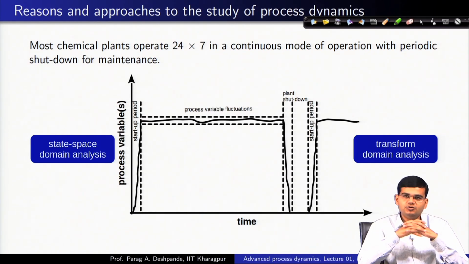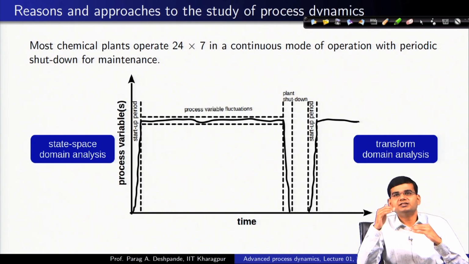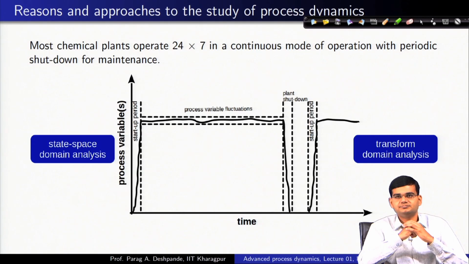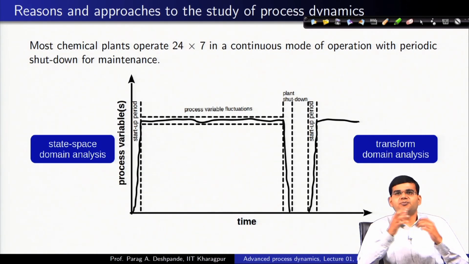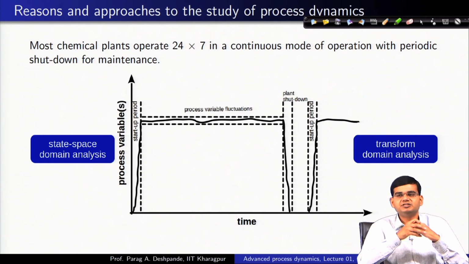When you want to do the analysis of the system between the known steady states, then you do the analysis in transform domain, and this is typically what is taught in the undergrad curriculum. But when you design a process, you would like to know what all can happen to my system. What is the maximum temperature, for example, which my system can reach?